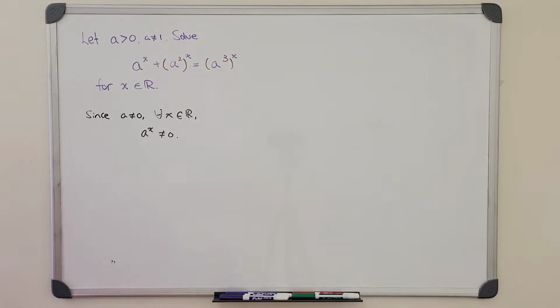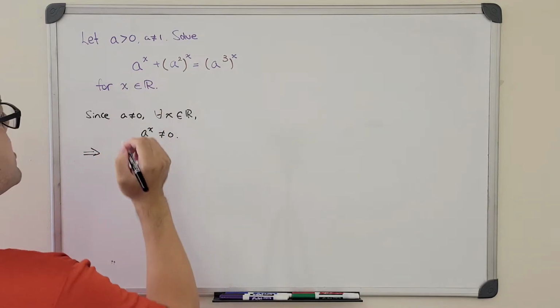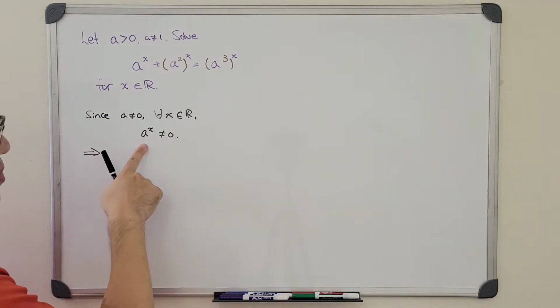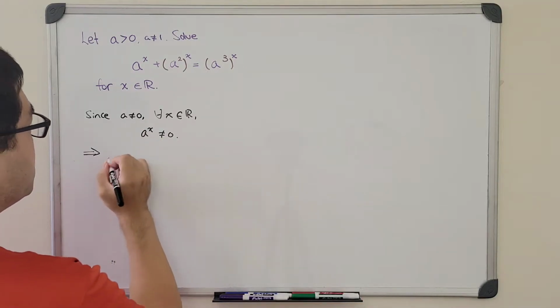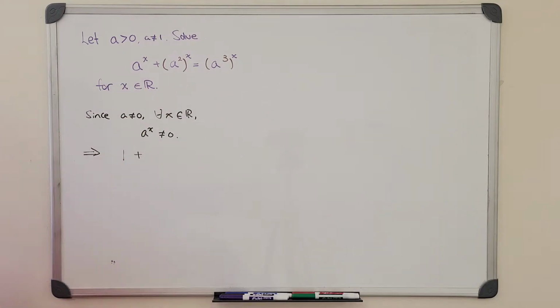because we're not dividing by 0. If we do that, a to the x power divided by a to the x power gives us 1, plus the second term.